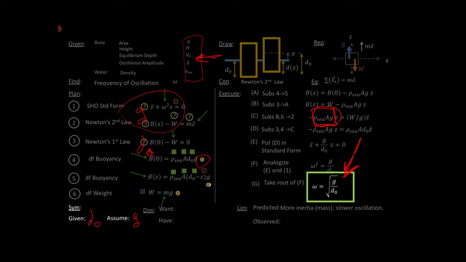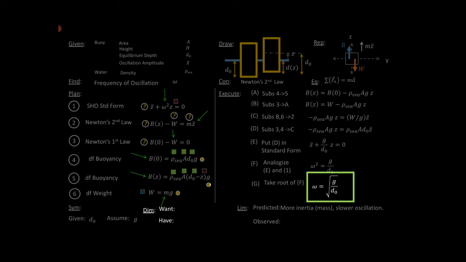Now we need test 2. Test 2 is, are the dimensions correct? The dimensions of omega, it's measured in hertz, which is 1 over seconds, or radians per second. Radians have no units if you do it that way. Then the dimensions of omega are T to the minus 1. Then we look at the dimensions of the square root of g over d naught, which equal the dimensions of g to the 1/2 times the dimensions of d naught to the minus 1/2.